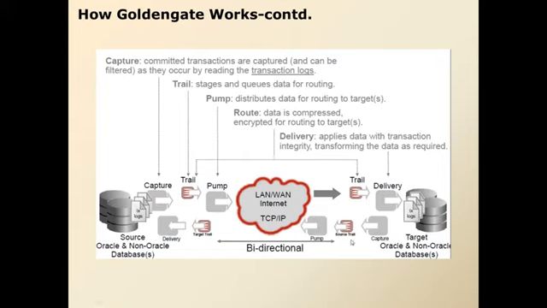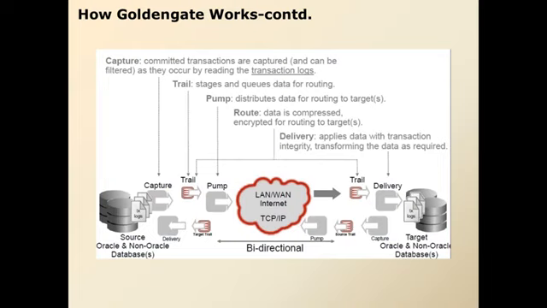The pump will read the data from local trail and write it to remote trail on site A, and then the replicate process on site A will read the data from remote trail and apply it to the site A database. So in a bidirectional environment, you have capture, pump and delivery processes on both sides.